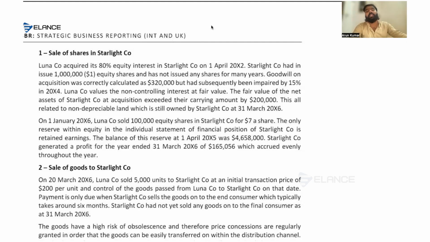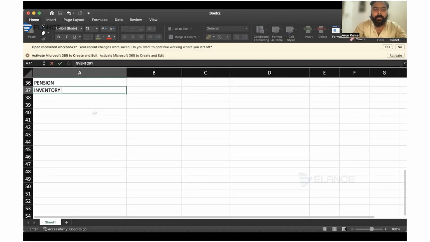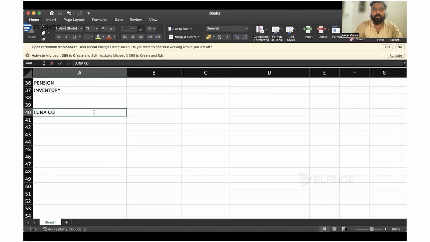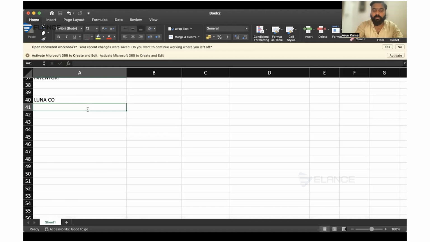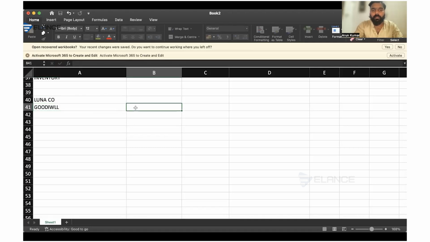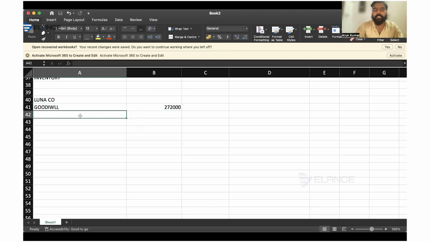So how much will be the goodwill at the reporting date? $320,000 will be impaired by 15%. So it will be 85%. Okay, that's your goodwill at disposal.